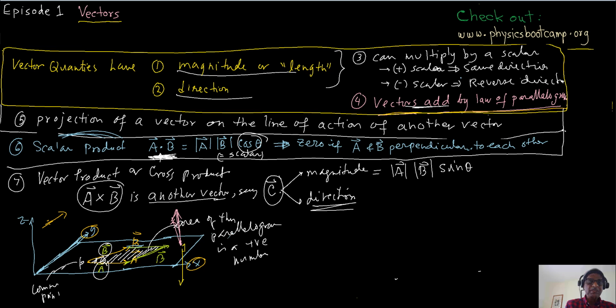Okay. So in here, if it's xy, it's going to be either positive z direction or negative z direction. So if you somehow define your xy to be the plane of A and B, then it's going to be in the z direction or in the opposite of the z direction. And the question is, which is the right direction? So we use the right-hand rule. There are many ways to do the right-hand rule.